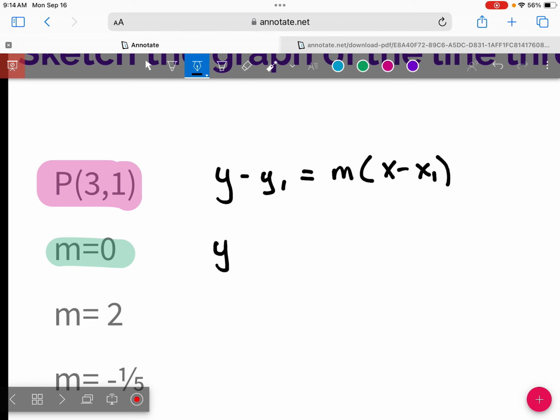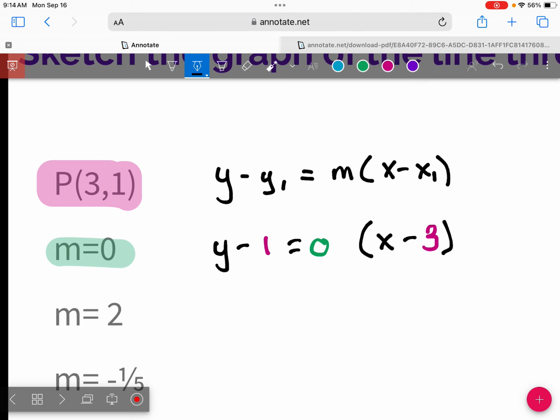Y minus the y value from my point, 1, equals our slope 0 times x minus the x value from our point, 3. So that's how we would write our equation. And we can leave it like that. It's in point-slope form. You can also simplify it if you really want to.